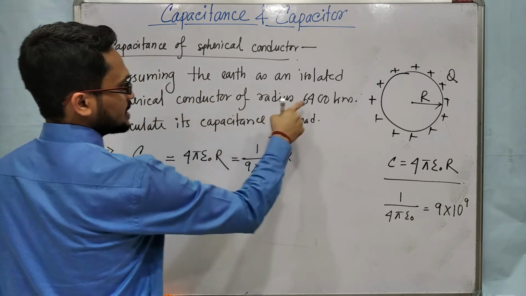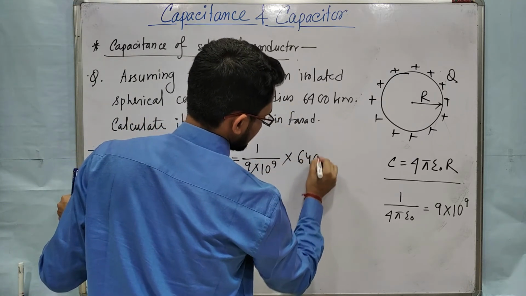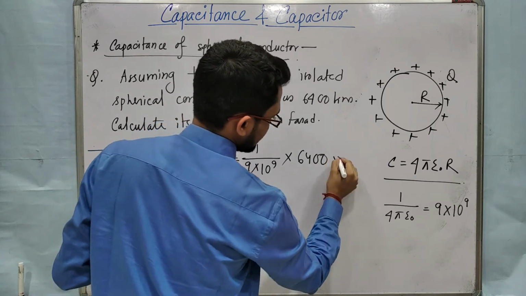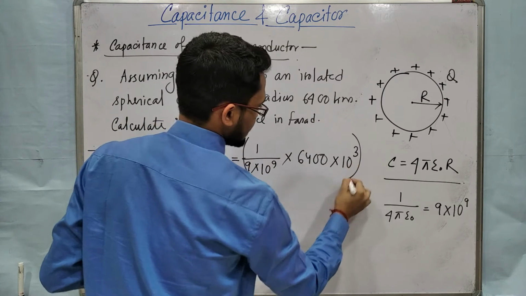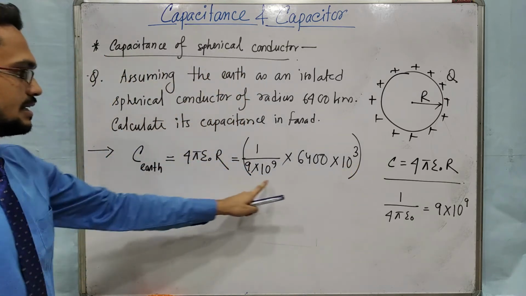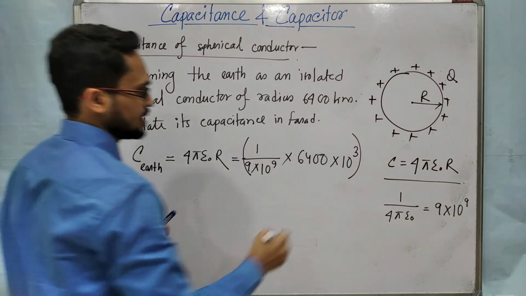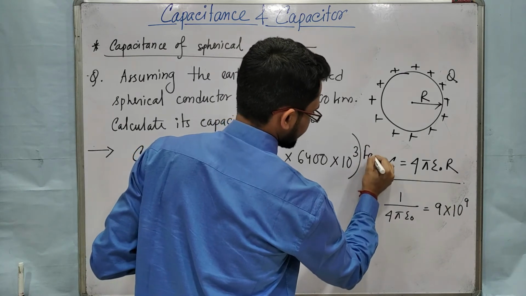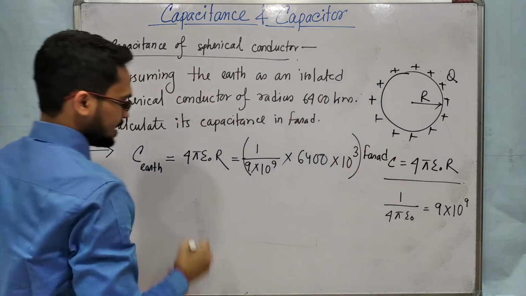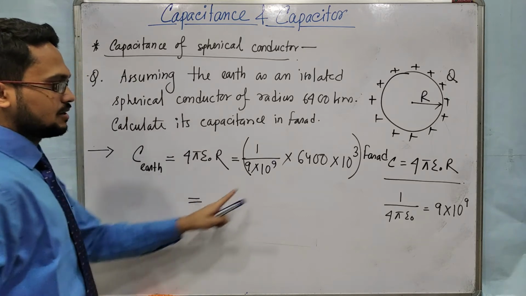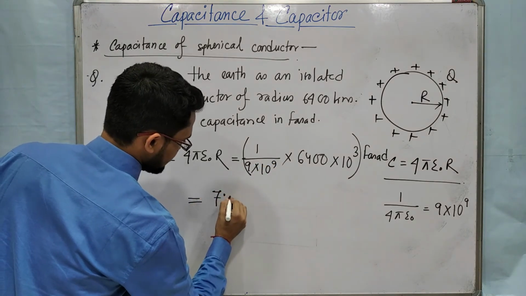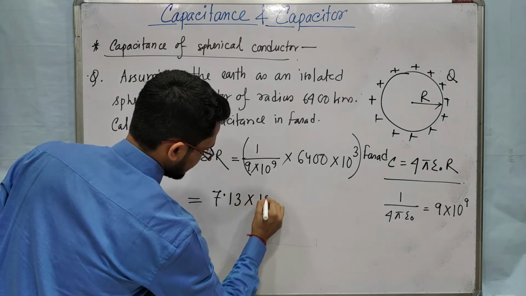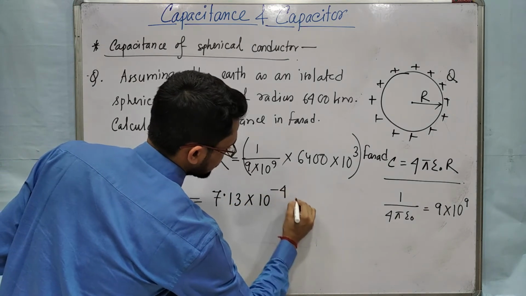Into r, which is 6400 kilometers; convert it into meters, so 10 to the power 3. All are in the SI system, so the unit will be farad. If you calculate it, you will get 7.13 into 10 to the power minus 4 farad.